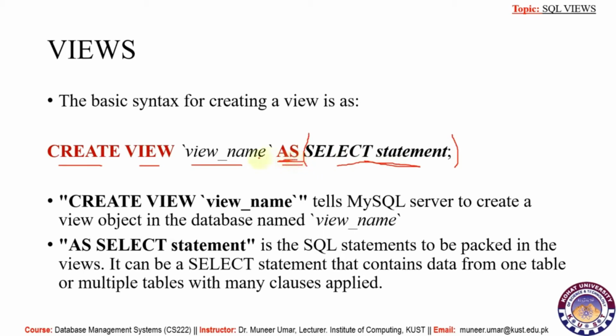So the syntax for creating a view is create view, view name, as, and then the select statement. This new view will hold the data that is produced by this select statement. So we are making an object that will keep the result of a select statement.